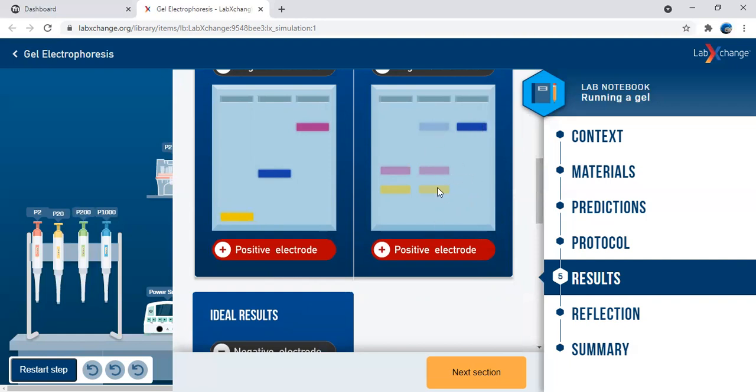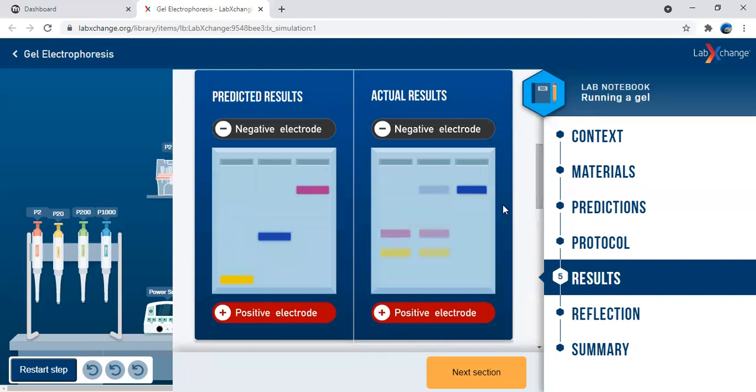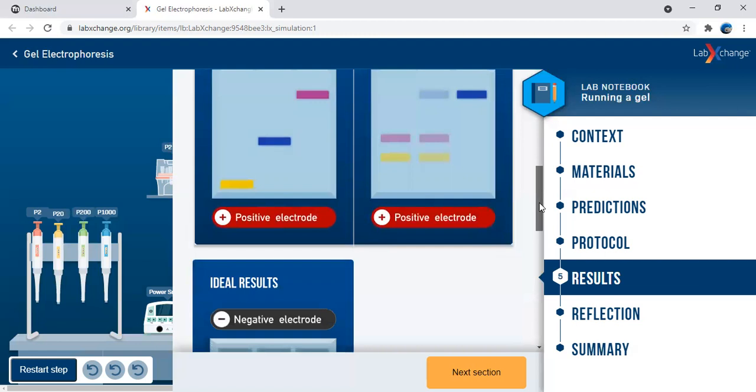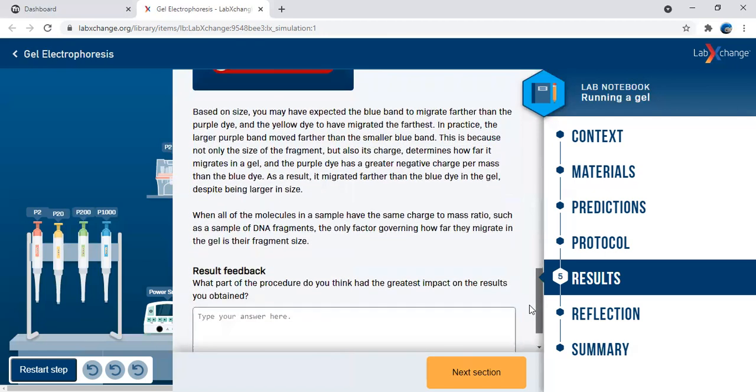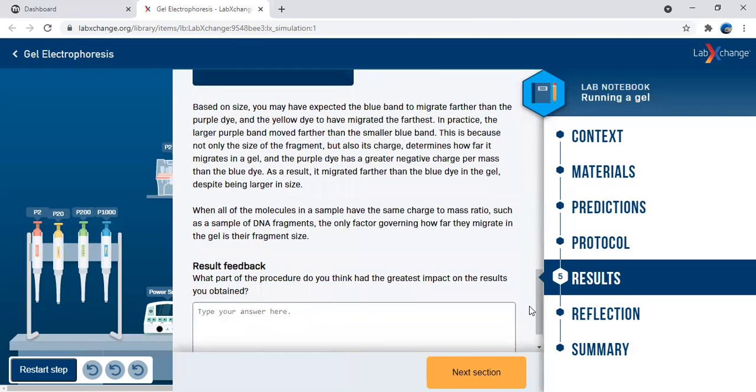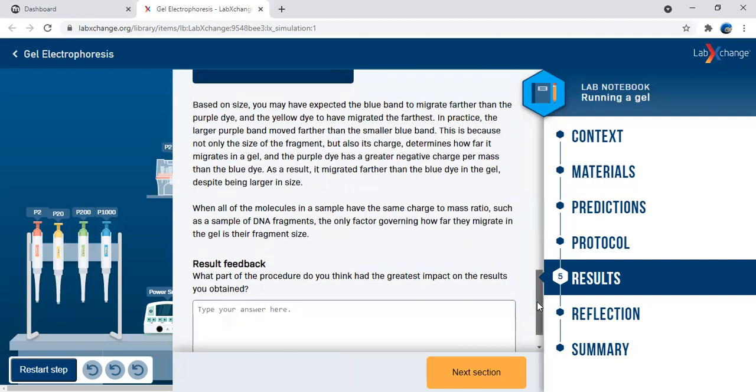That's why it traveled furthest. In the actual experiment, we deal with the negative charge and the size, compared to the predicted results, which we were told was only the size. Based on size, you may have expected the blue band to migrate further than the purple dye. Yes, we expected that. In practice, the purple band moved further, because the charge determines it.